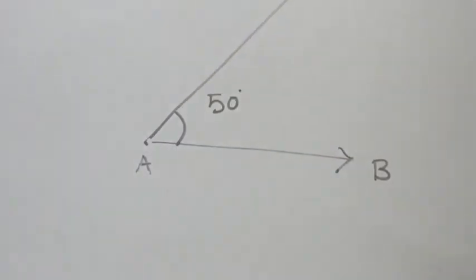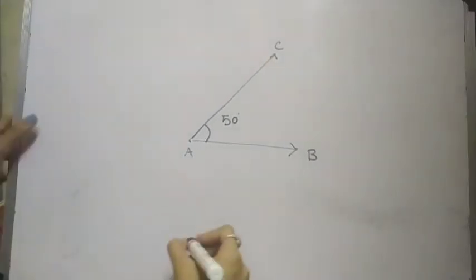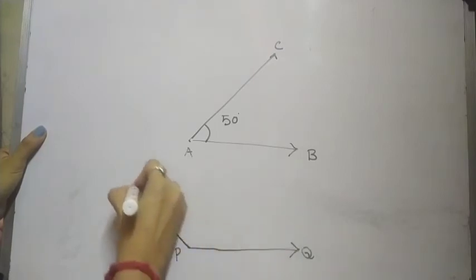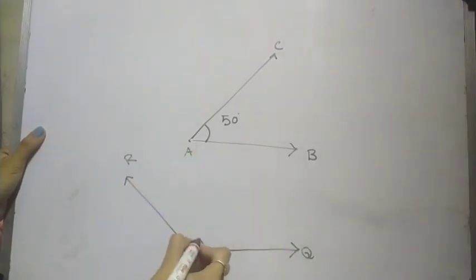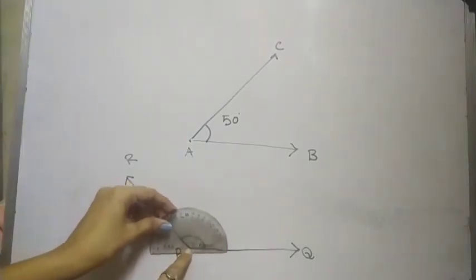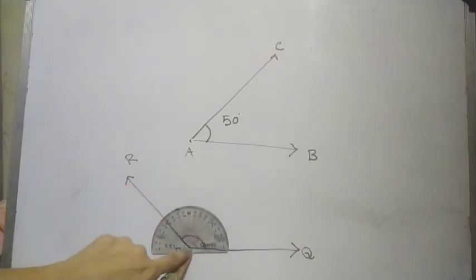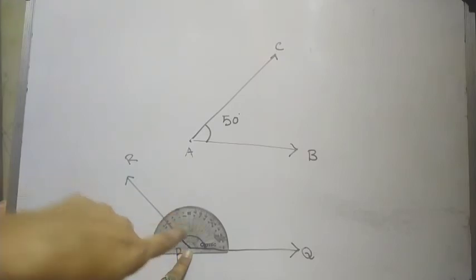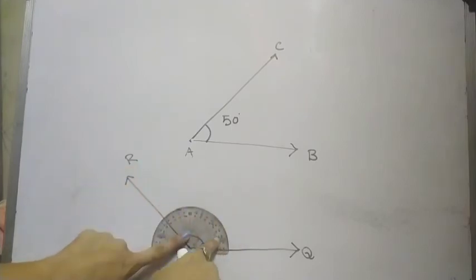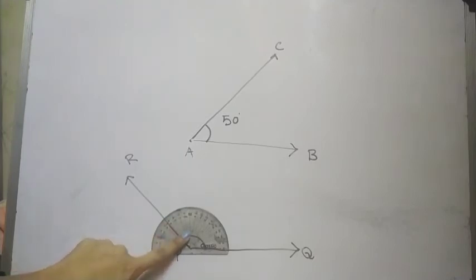Okay. Now if I draw another one like this, this is P and Q, and now R is like this. Now this is the angle. We will go from Q to R. The same thing. I will place the junction point at the point P only, and I will see along Q to R: 0, 10, 20, 30, 40, 50, like 90, 100, 110, 120, 130 is greater than 130, and if you see, this is 132.